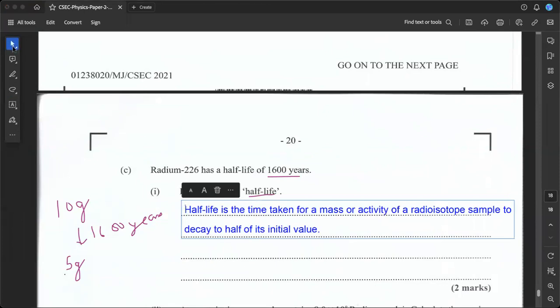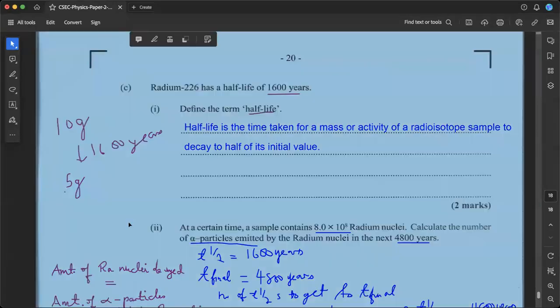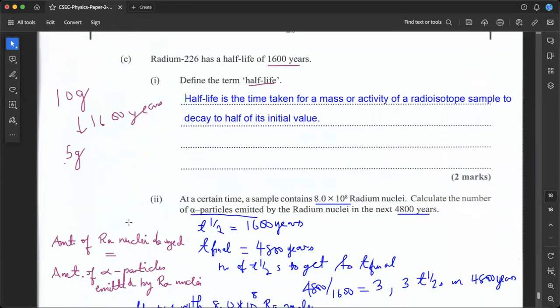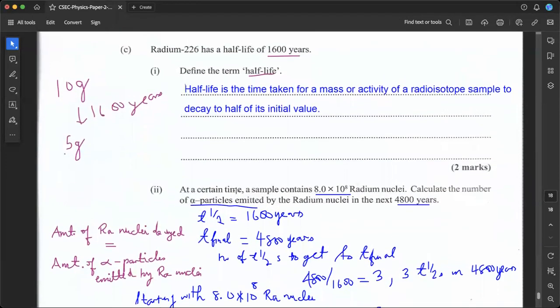Okay, so let's move down to part 2 of that question. Part 2 says that at a certain point in time, which we can take as our initial time, t equals 0, we have a sample that contains 8.0 times 10 to the 8 radium nuclei.